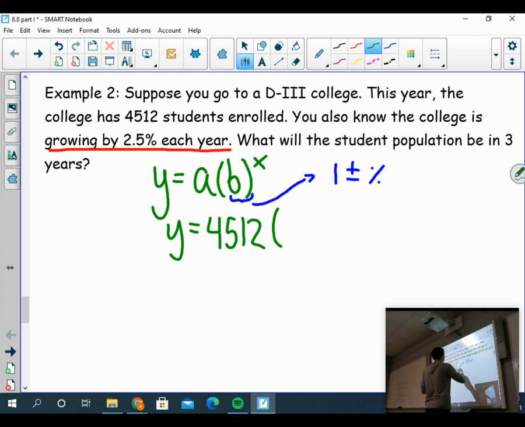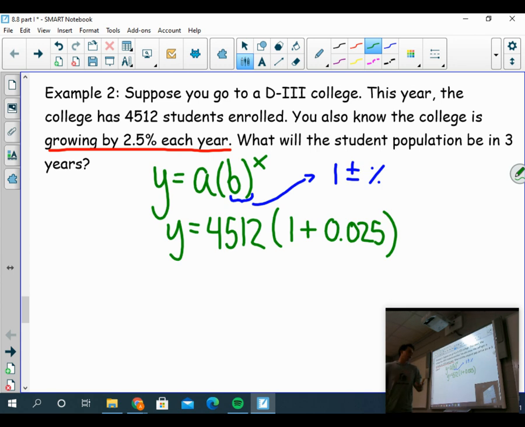But what I'm going to do here is, since we are growing, I'm going to do 1 plus 0.025 for my rate of change. We are increasing by 2.5% per year. The last thing we need is our exponent. And remember, x is not a specific amount of time, but the number of times our rate of change occurs.